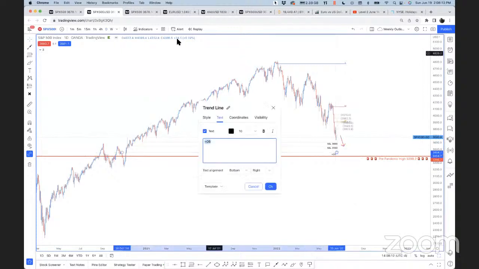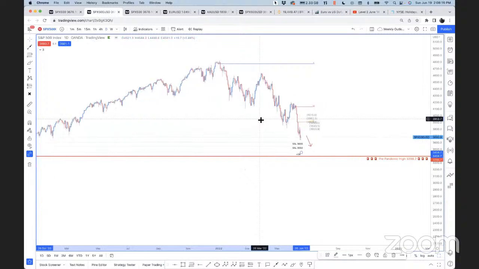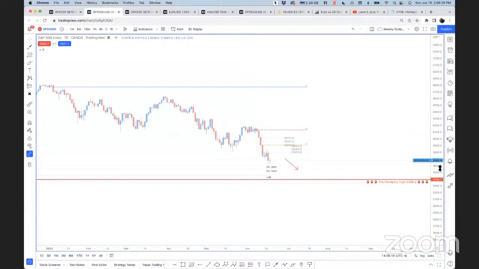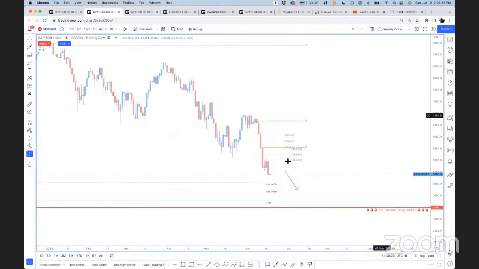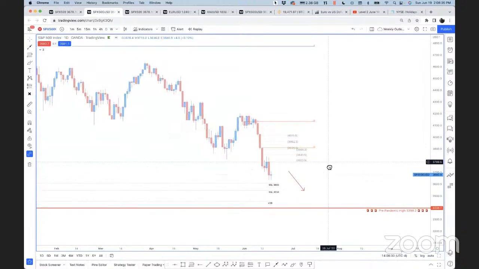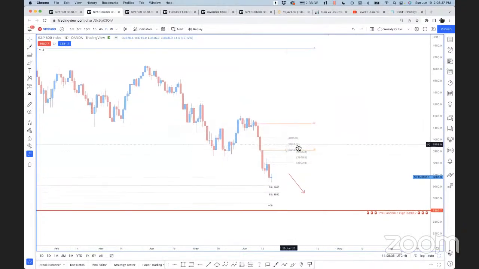So let me squeeze this in. And like I said, if we do get a bounce, just know that we should push into this imbalance. If we keep going up, we go into this imbalance. And then after that, we would need to see what we do at 39.62, 39.30 and 38.50, which would be the most important areas.